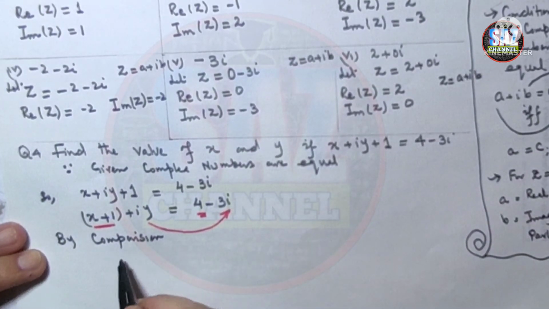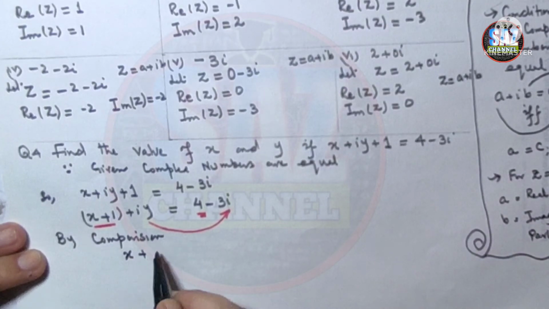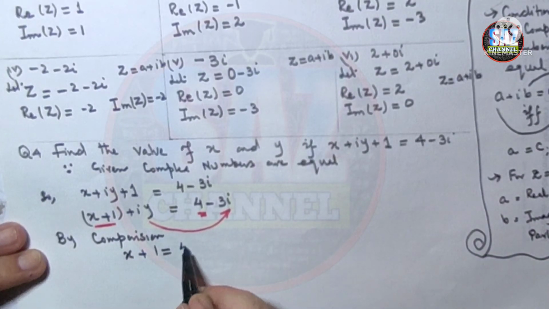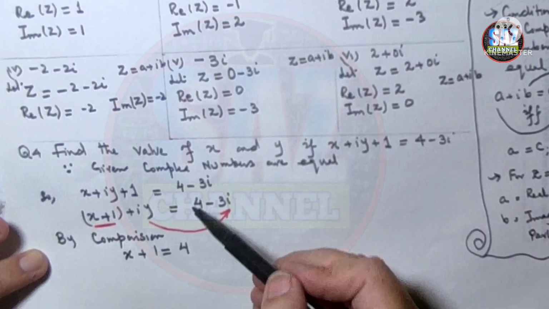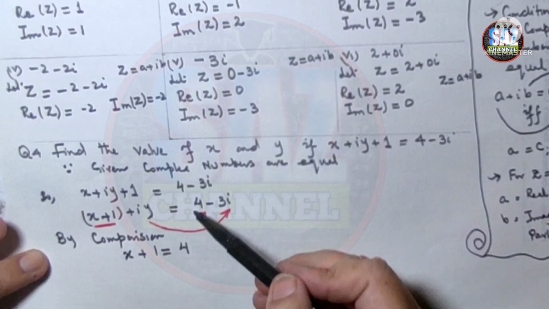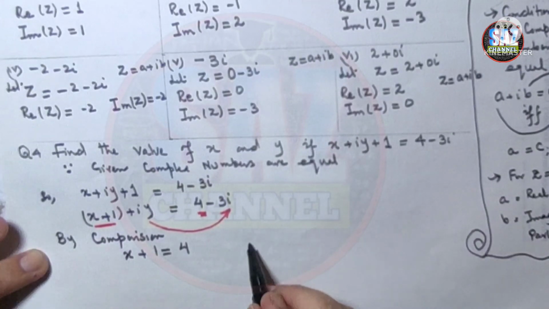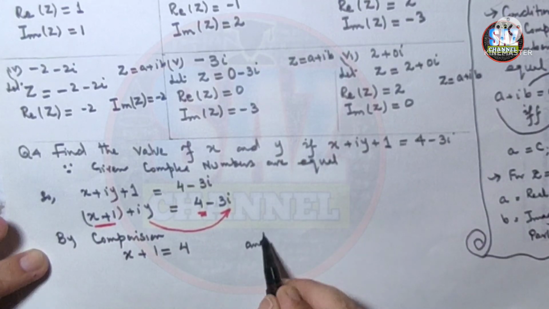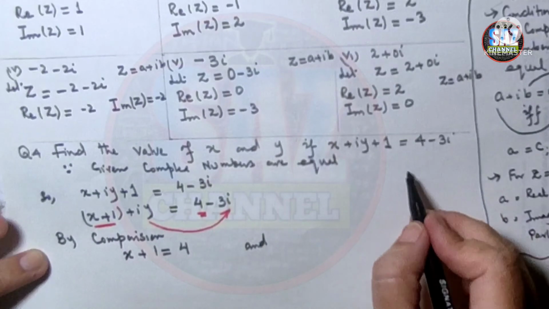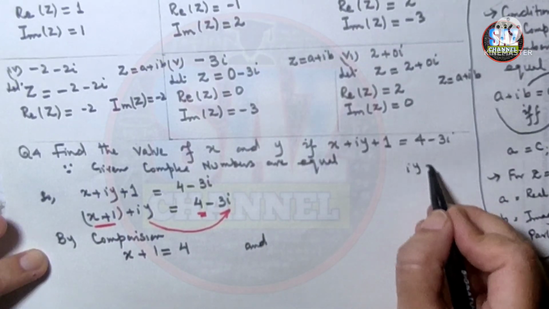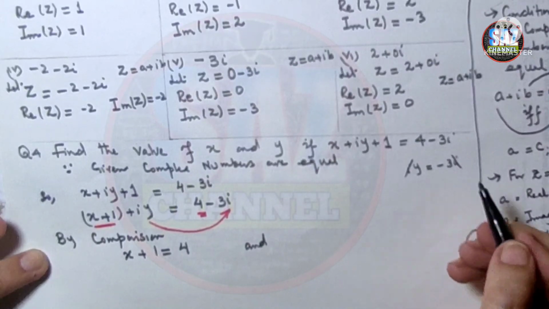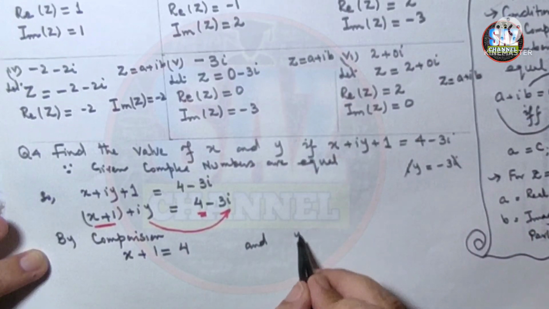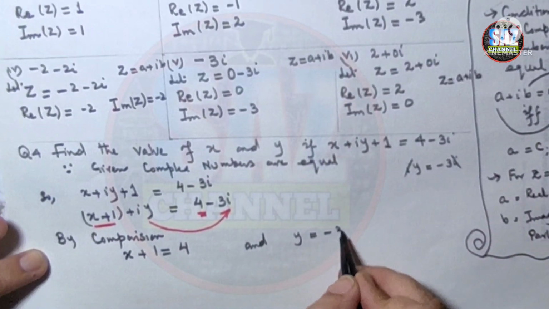It's really important to support your working with statements so that the examiner can understand your working. So the real part of this complex number will be equal to the real part on the other side, and it's your choice, either you can write in the beginning that iota y equals minus 3 iota. Now iota is same, so iota can go with iota, and y equals minus 3.